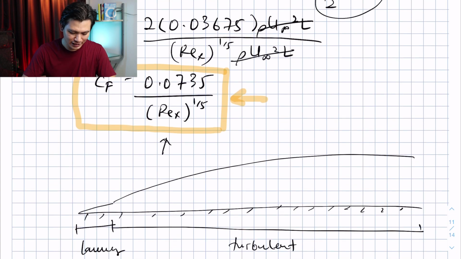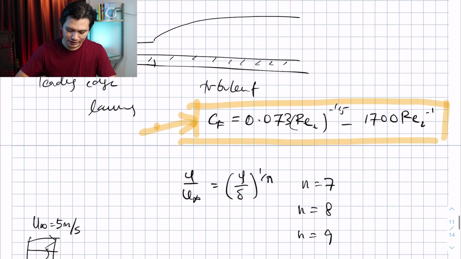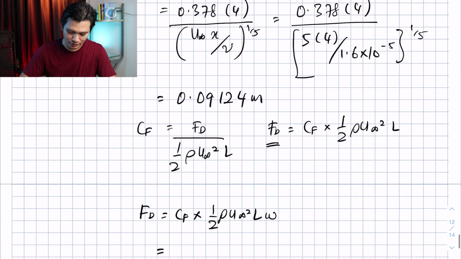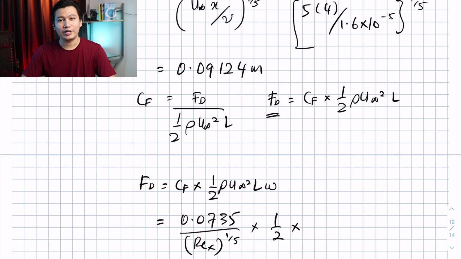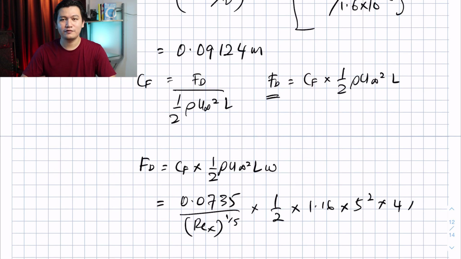So this is your CF, that is 0.0735 divided by Rex to the power of 1 over 5, times half, rho for air is about 1.2, so I'm going to give it 1.16, times U infinity 5 square, times length is 4 and the width is 5.